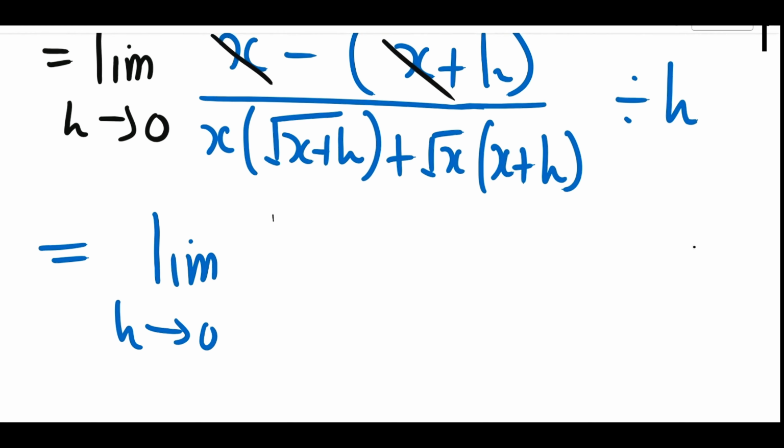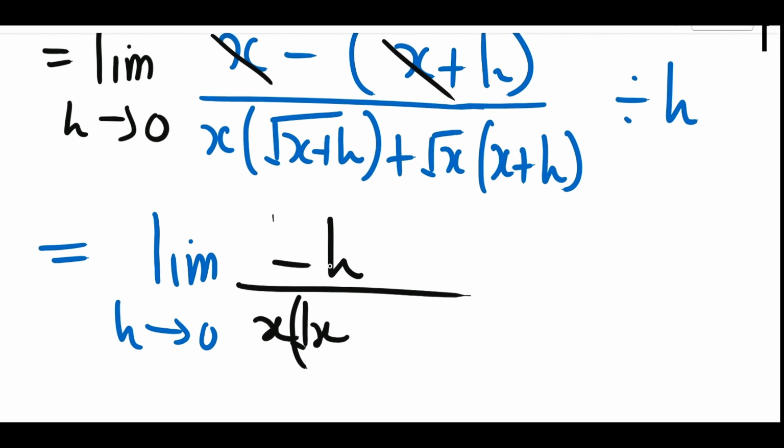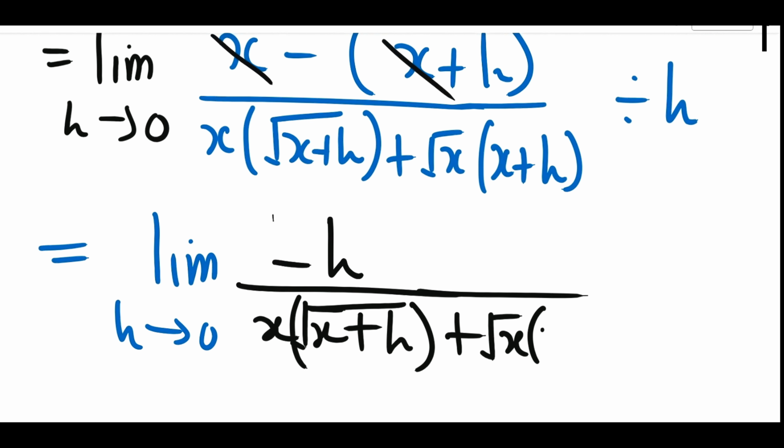We are left with negative h as the numerator, all divided by, we have here to be x multiplying square root of x plus h, then plus square root of x also multiply x plus h in bracket, all divided by h.